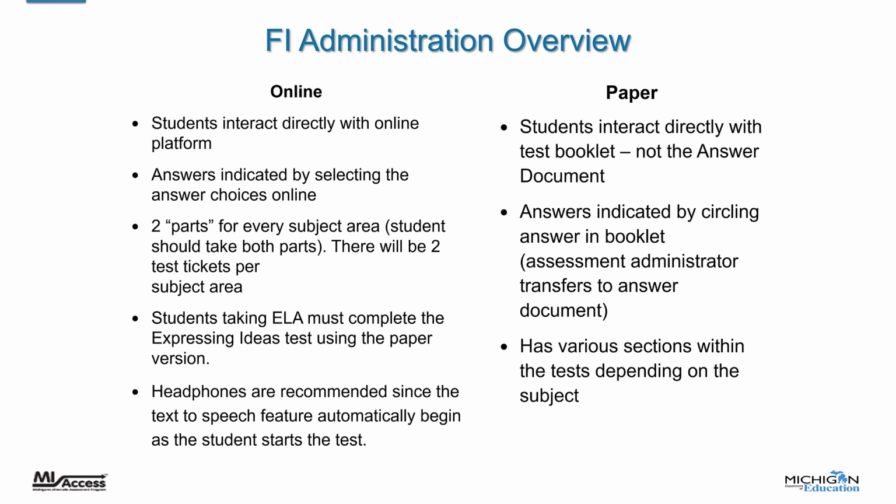They read the question and answer online by making an answer choice. For the online assessment, there are 2 parts for each assessment for each subject area. The students need to take both parts of the assessment, which means there will be 2 test tickets per subject area. Note, students taking ELA must complete the Expressing Ideas test using the paper version.